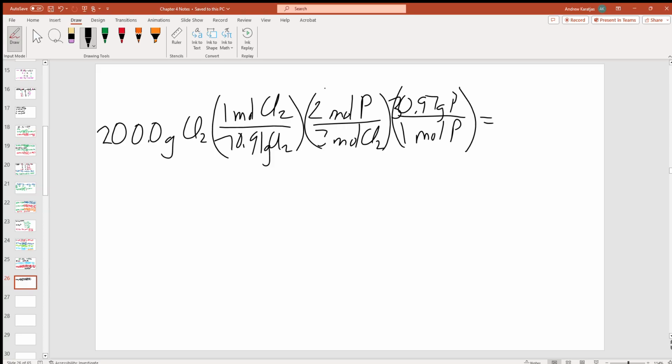And what this calculation shows us is that we needed 58.24 grams of phosphorus to react with the 200 grams of chlorine. So much less than the 100 that we had.